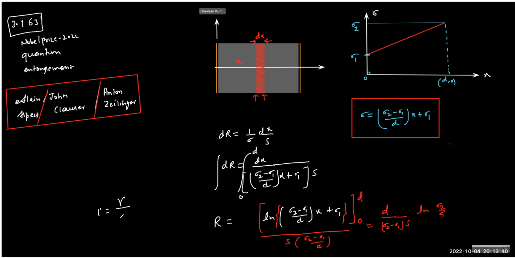The V by R. And R is d ln. So the final answer is sigma 2 minus sigma 1.